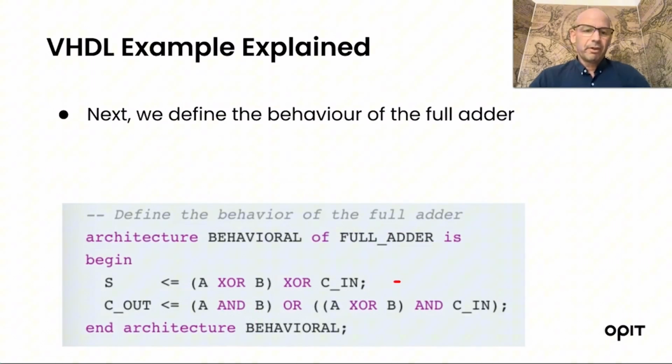Here I have what the output will be to get to S. With S as my output, I'm going to first XOR A with B. And then the output of A and B, I'm going to XOR with C in order to produce the output S. And then the same thing for the logic with C out, but let's just follow this logic for S. You can see there's basically two XORs: the first one for A and B, and then the next one for C. And so let me go back.